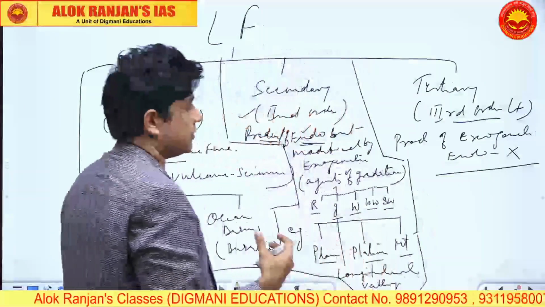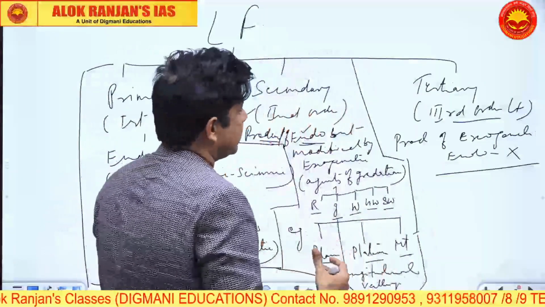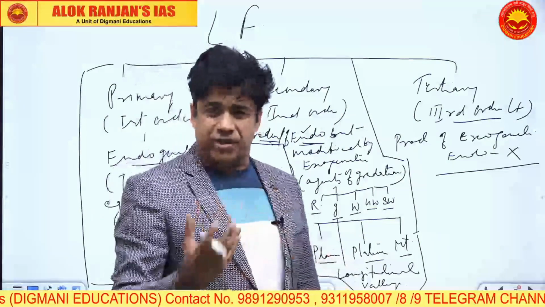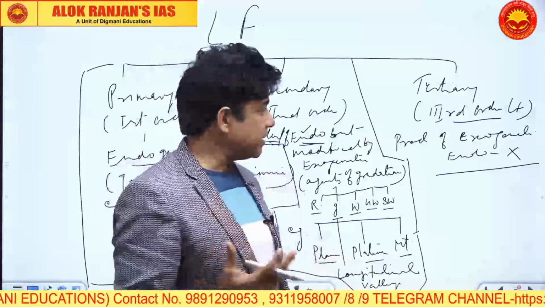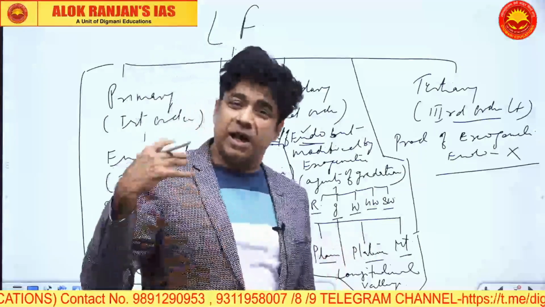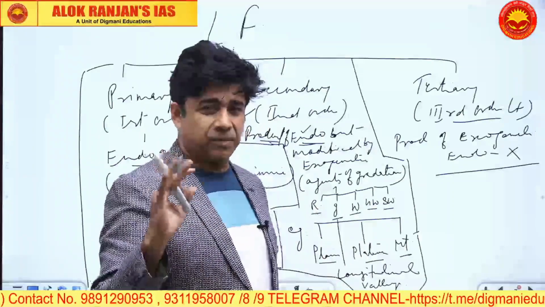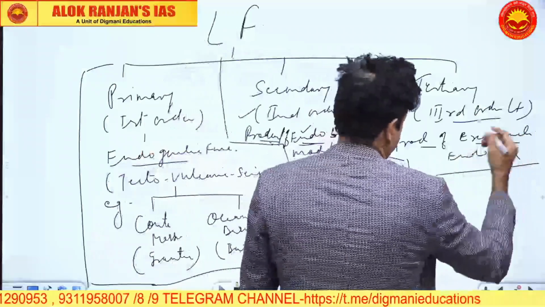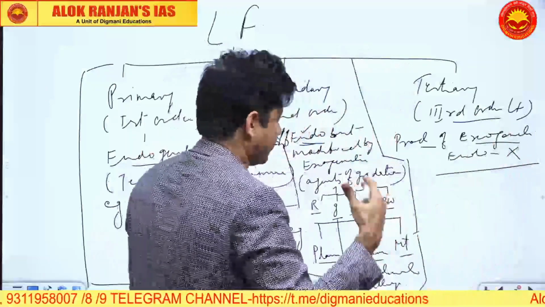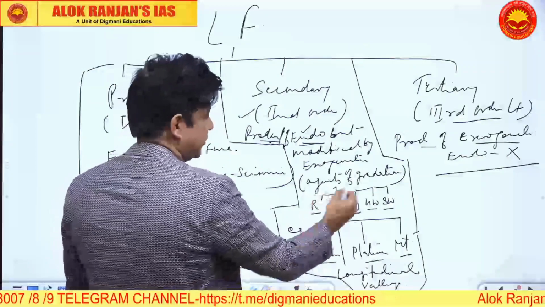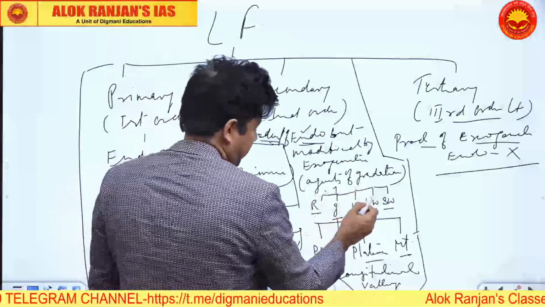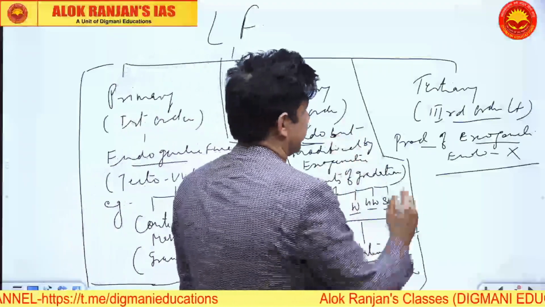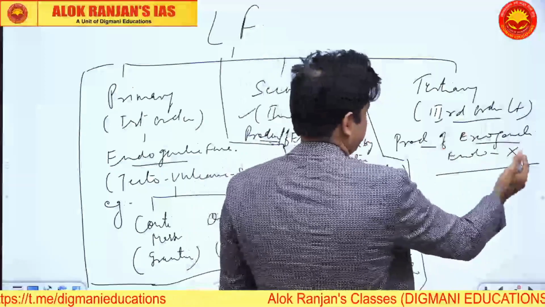The work of endogenetic forces is negligible, and maybe some of the landforms will be doing isostatic adjustments, but endogenetic forces are largely absent or negligible. Even if 0.1% works, the rest is a product of exogenetic forces. Exogenetic forces you very well understand are agents of gradation. We have river, glacier, wind, groundwater, and the sea waves.